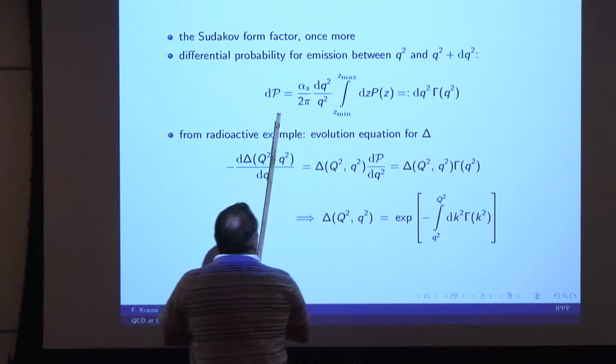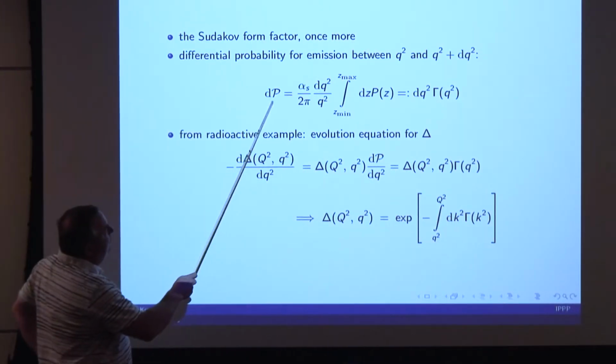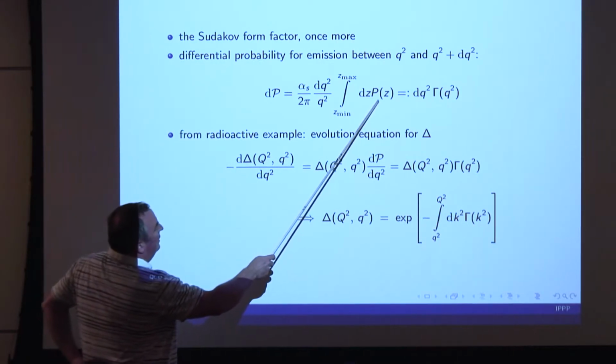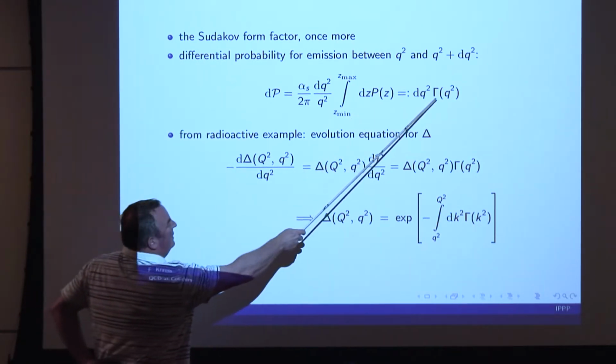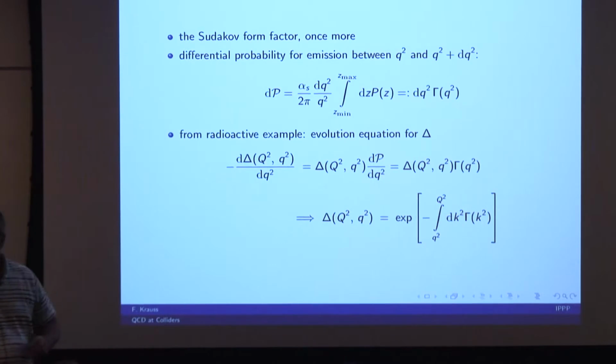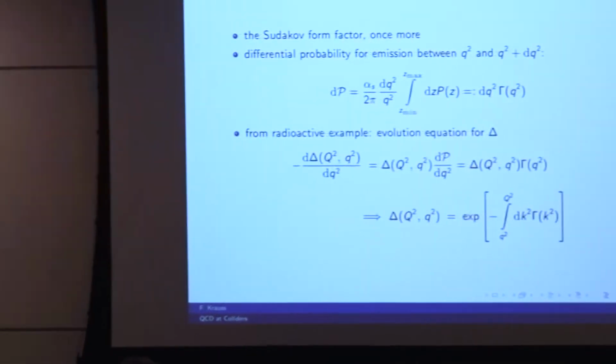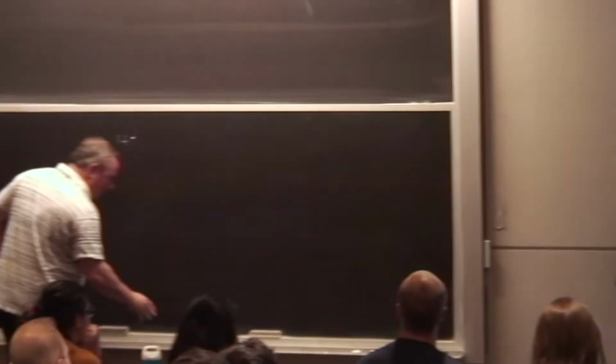So, same game again. The differential probability comes with the splitting function, and the splitting function integrated over z gives us this gamma. How do I see this?